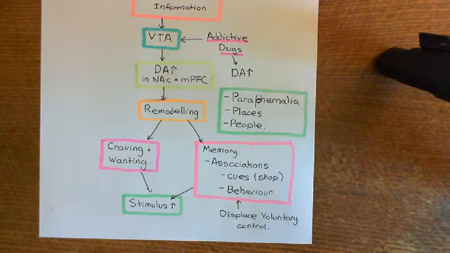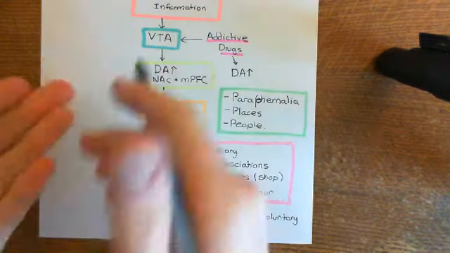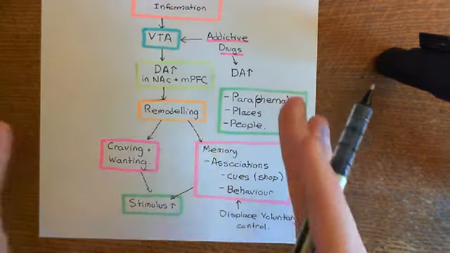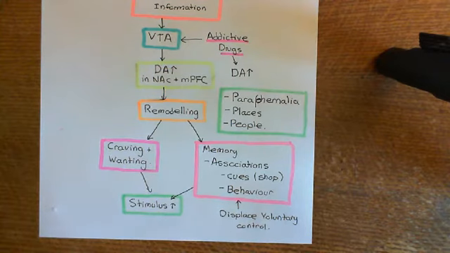So everything else becomes unimportant. All that becomes important is finding the drug and getting more of the drug, and that is consistent with this complete overactivation of this remodeling of the brain that results because of dopamine. So you're going to continue creating cravings and wantings, and you're going to continue forging these associations between drug-associated cues and drug behavior.